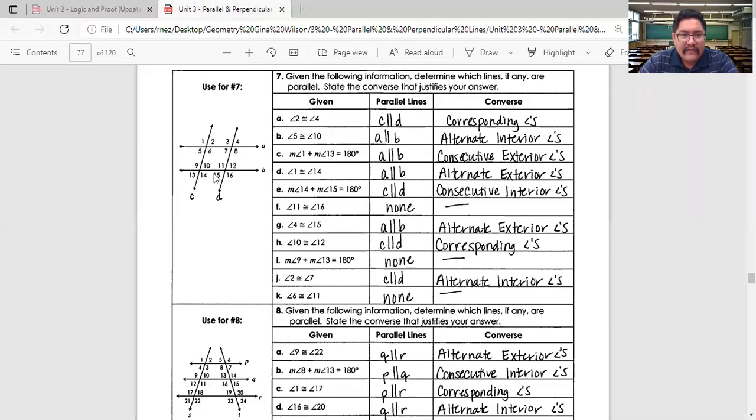So 14 and 15, they're both on B, so that makes that the transversal. 14 is on C, 15 is on D, so that would mean C and D are the lines being proven to be parallel. Since they're next to each other and on the same side of B, the transversal, that would make them consecutive interior angles.